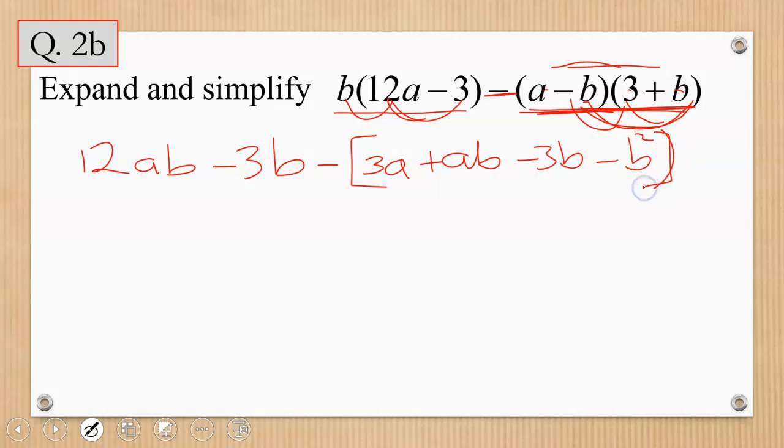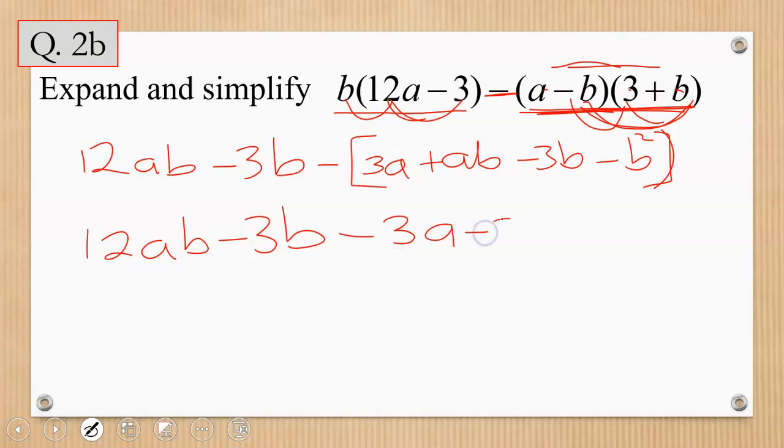Then we close that. Now we have 12ab minus 3b, and now our negative will run through all. We are going to have negative 3a minus ab, then plus 3b, then plus again b squared.